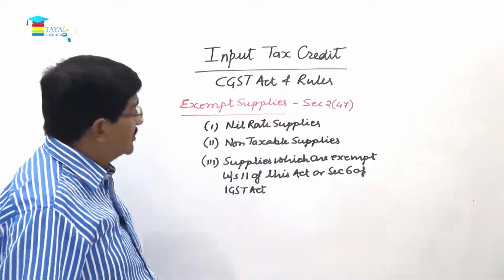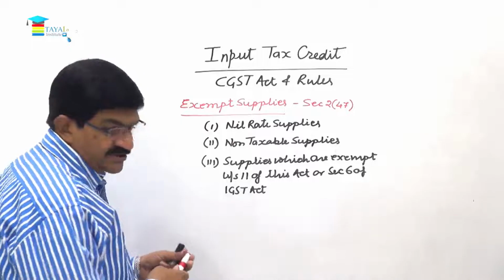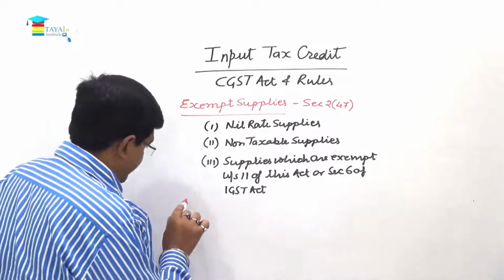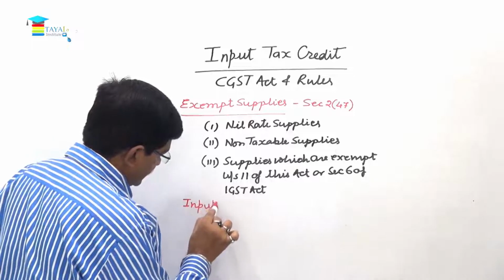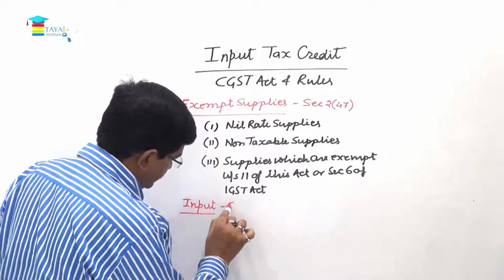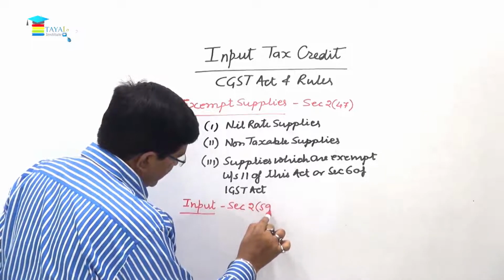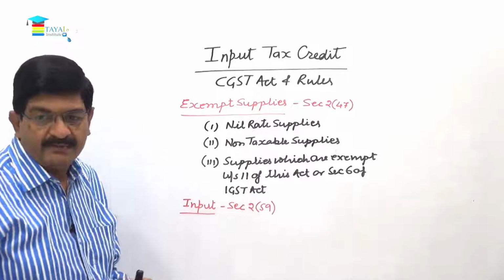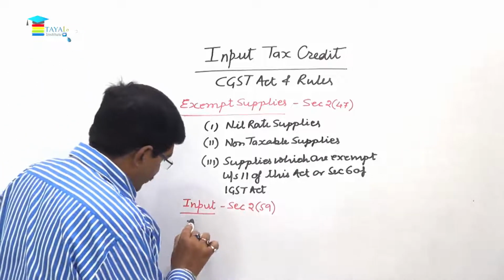The next comes, what is the meaning of input? That term is defined under section 2 subsection 59. So this says all the goods other than capital goods.